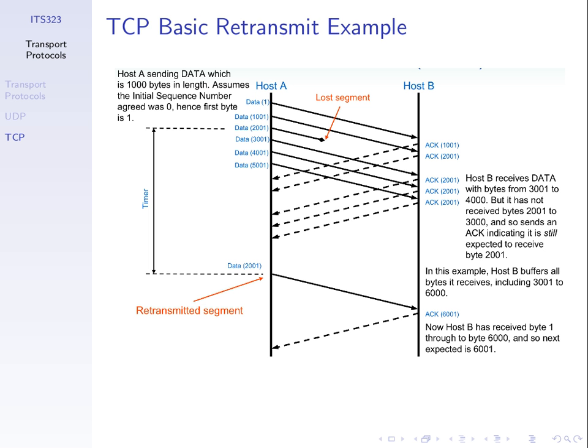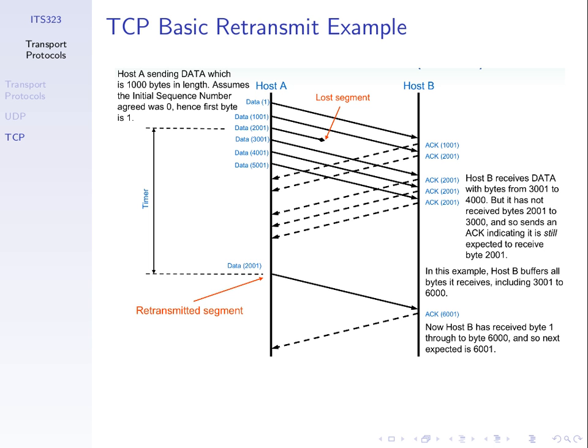The second segment will be sequence number 1001 and 2001, and so on. They will be the sequence numbers included in the header. That's 6,000, the last byte, and the first byte. And that's shown in simple form here.